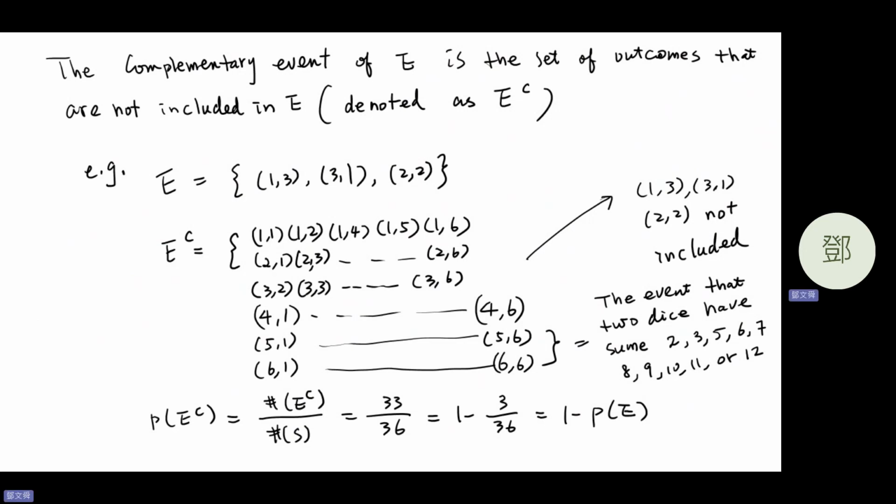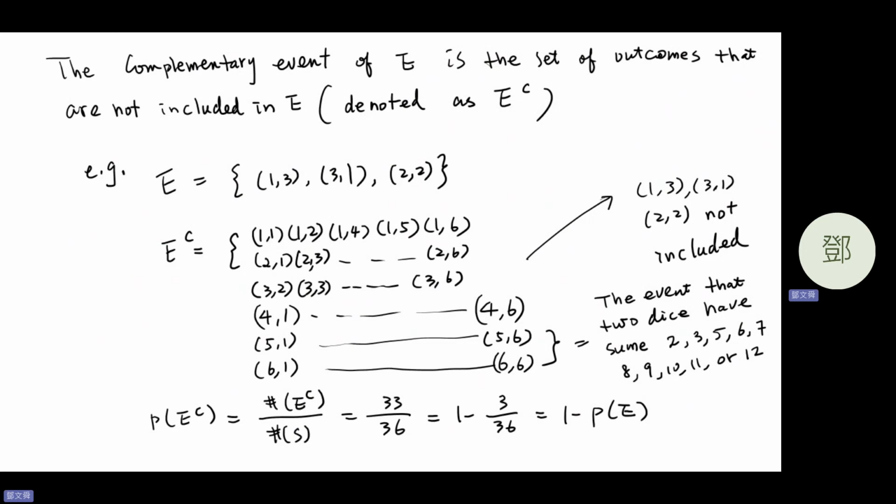And 3 1, 2 1, 2 3. 2 2 is not included in this row because anything in the set should not be in the set E.